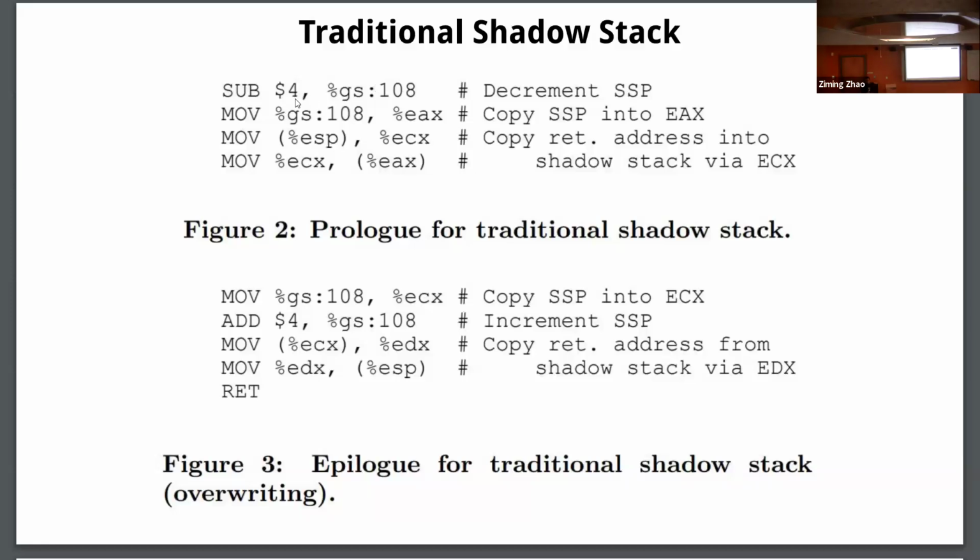Then when we are making a function call, we are pushing the return address to the original stack and also to the shadow stack, right? So what we do here is these 4 instructions will be at the top, at the very beginning of your function, even before that push EBP stuff.